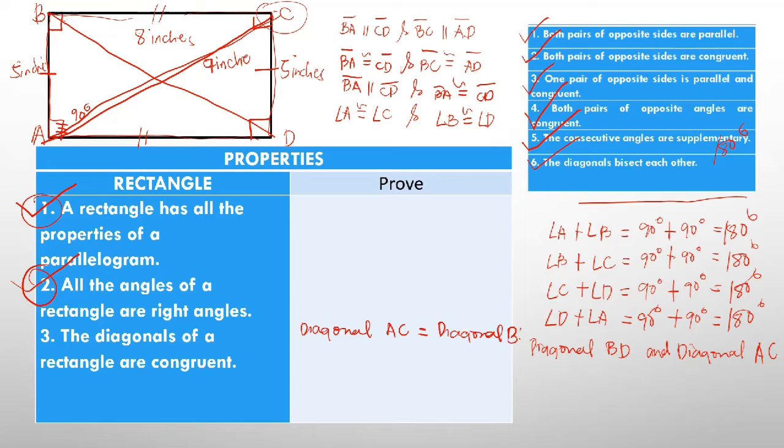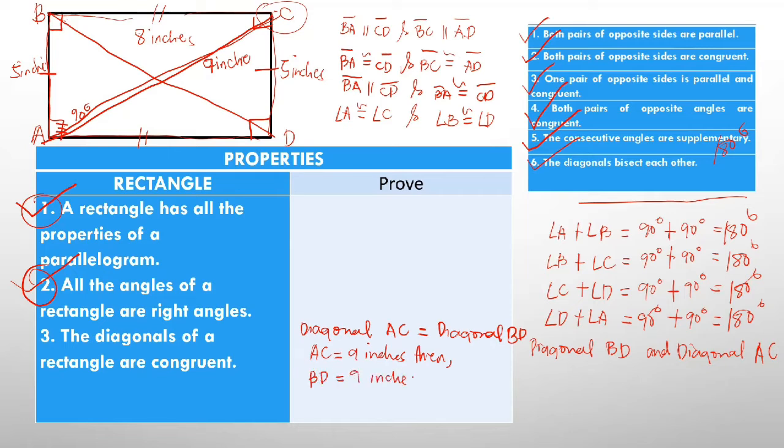Therefore, if AC is equal to 9 inches, then yung ating diagonal BD is also equal to 9 inches.